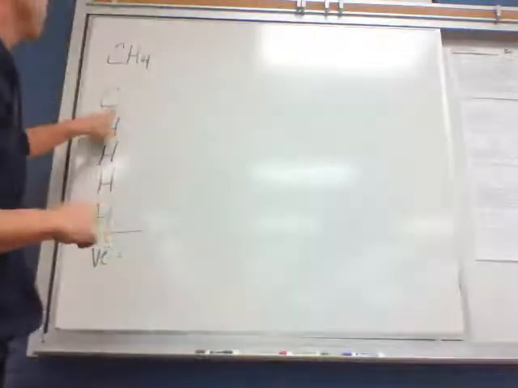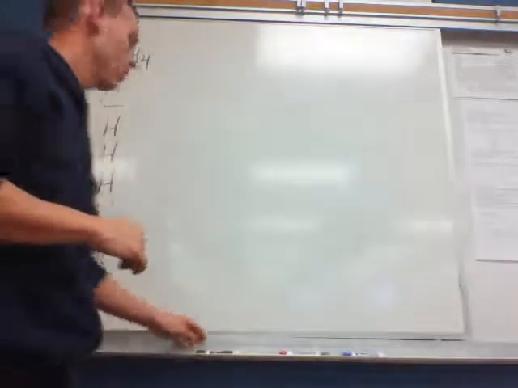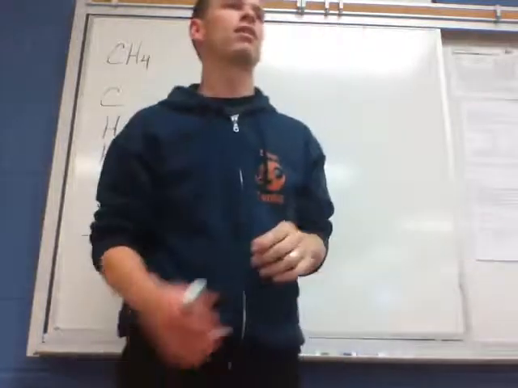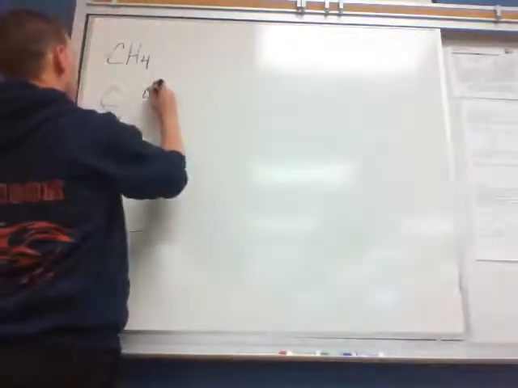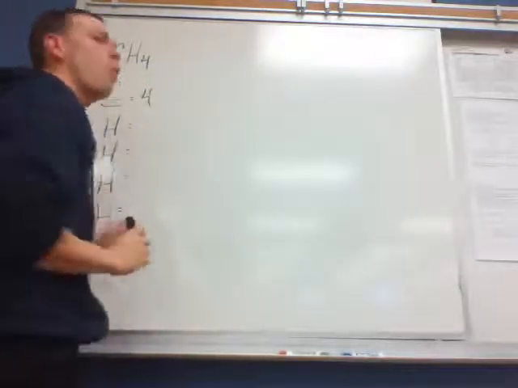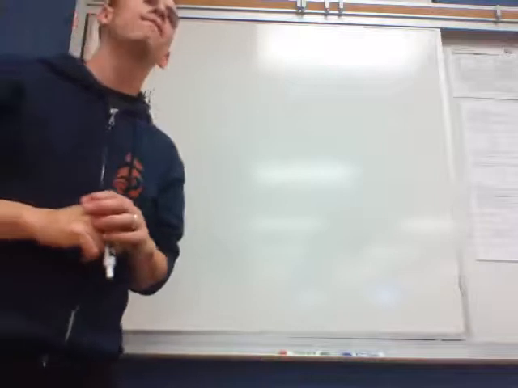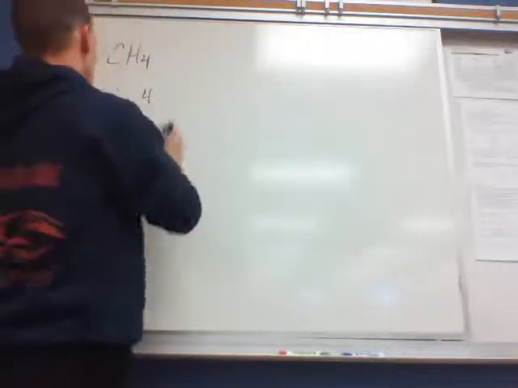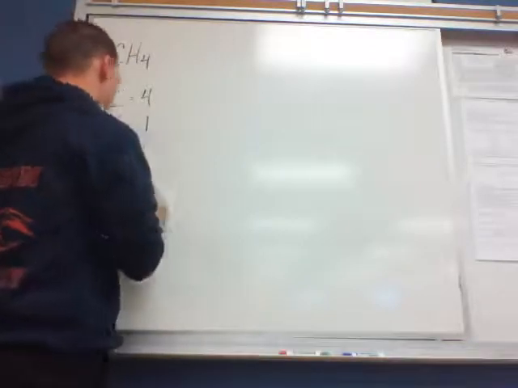So take a look at carbon's location. He's right here on your PT. How many valence electrons does carbon have? He's got 4 in group 14. What about hydrogen? How many valence electrons does hydrogen have? Just 1 over in group 1.